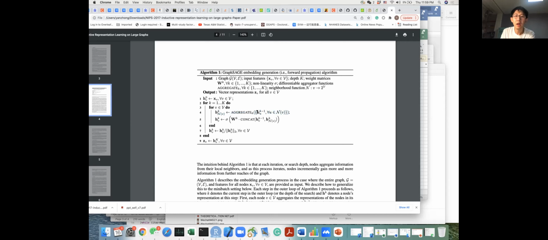Actually, these two steps are very similar to the original graph convolutional network, even with the same notation. The only difference is that in this GraphSAGE, the aggregate is based on graph sampling, but in the original graph convolutional network, we use the adjacency matrix to do this aggregate.